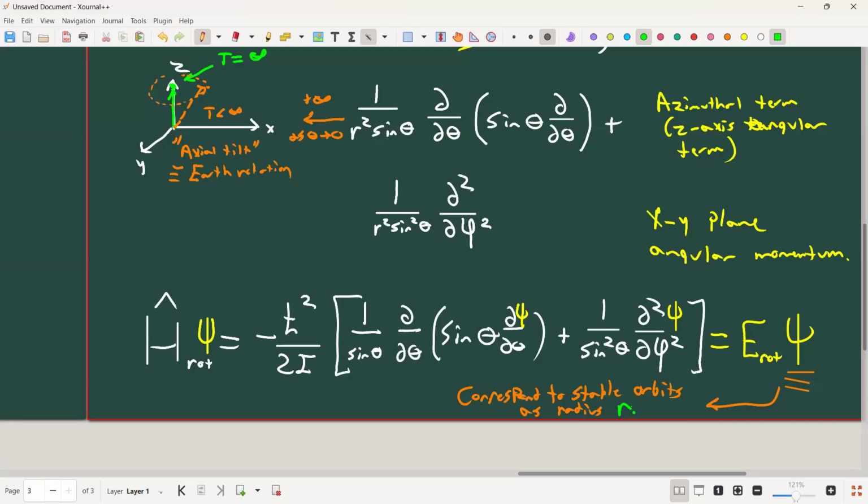And what we're going to see is that what Bohr screwed up is Bohr assumed that there are only values of r that lead to stable orbits. But what we can show is that within a given value of r, there are multiple stable solutions. So he actually missed a vast majority of the possible solutions.